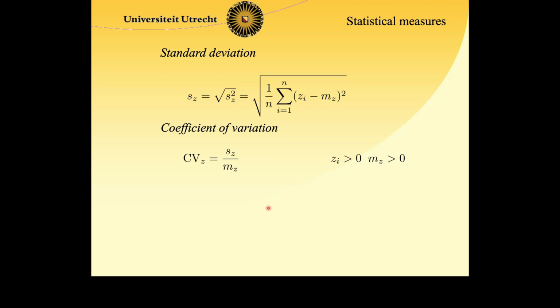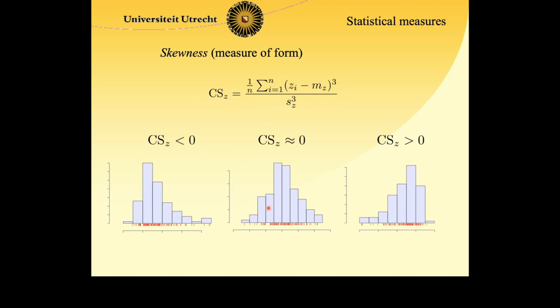Now this is often also called the second central moment. There's also the third central moment that is called the skewness of the distribution. It tells you whether a distribution is negatively or positively skewed or is neutral, symmetric.